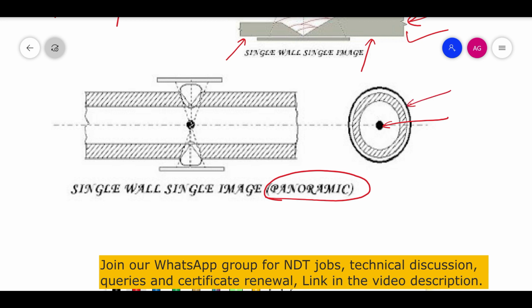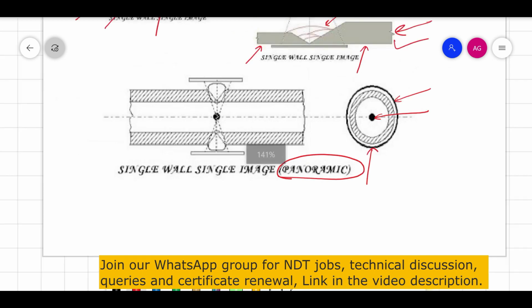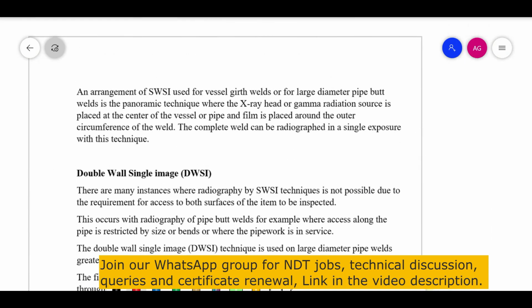You can check the material in one time. So you have to keep the source in the center and the film outside. This is called the panoramic technique.